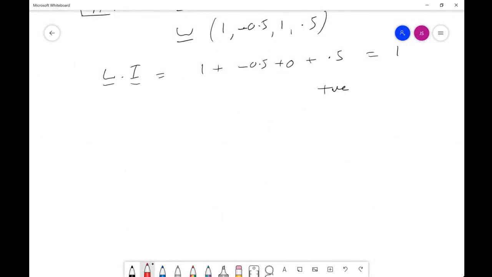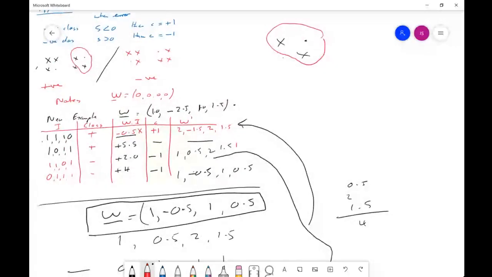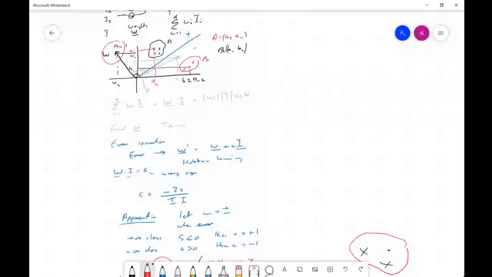So that would be training. Then further properties. You need to consider the bias. And the bias actually shifts the decision surface away from the origin. With this particular model, all the decision surfaces must go through the origin.